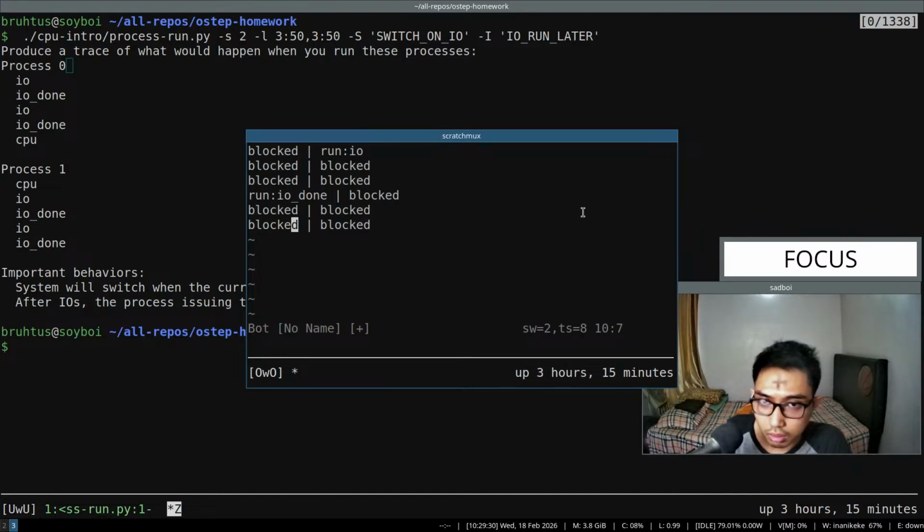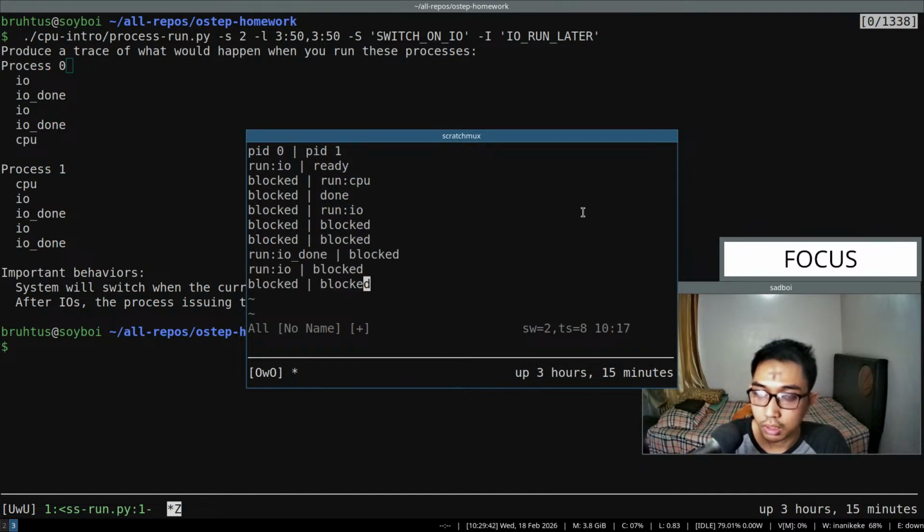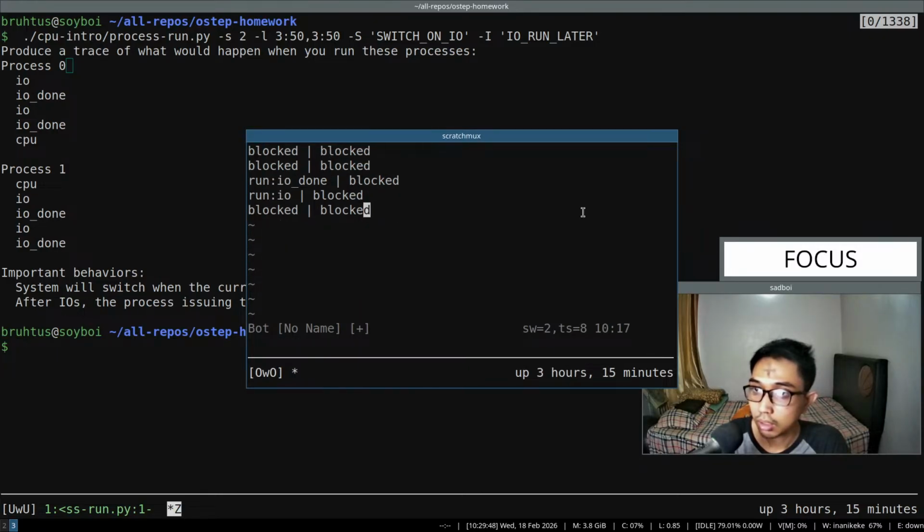Then okay. Oh, sorry. And this one becomes blocked. Right. This is the last one from the PID 1, right?